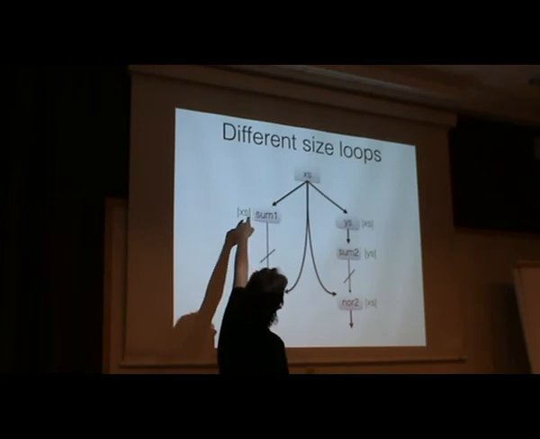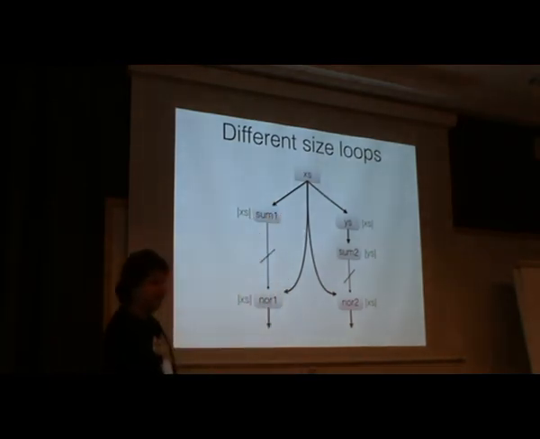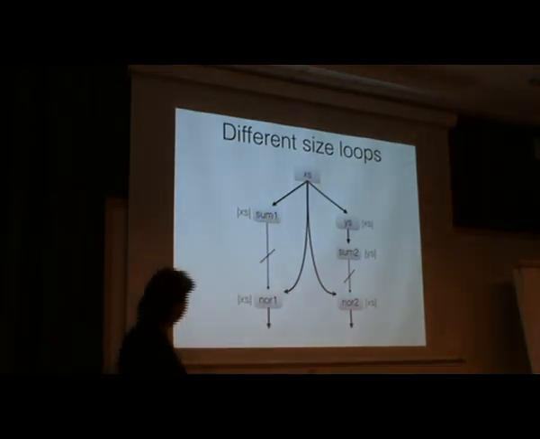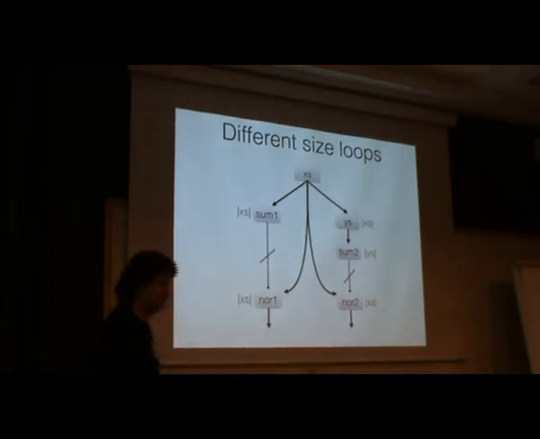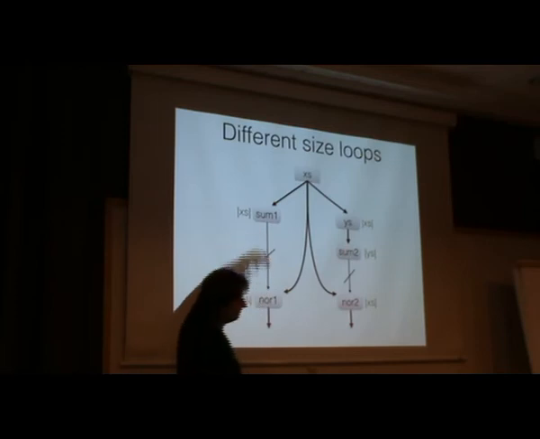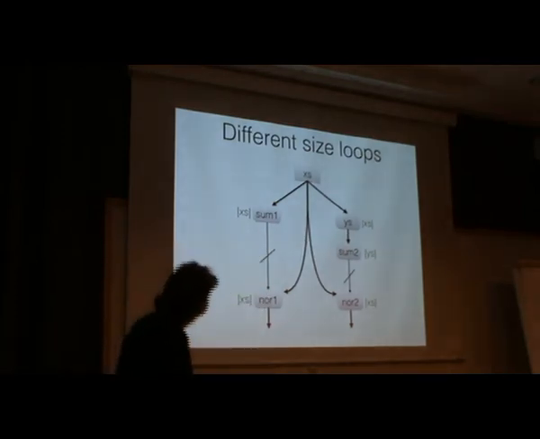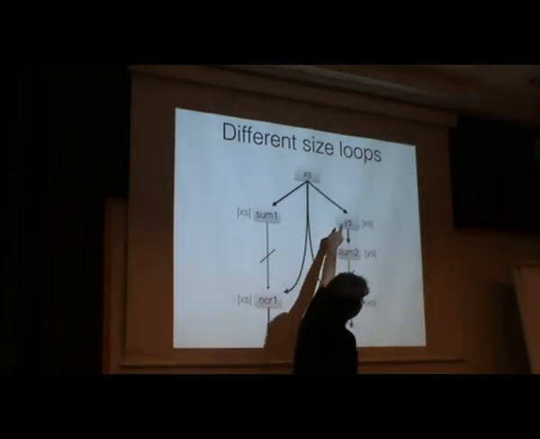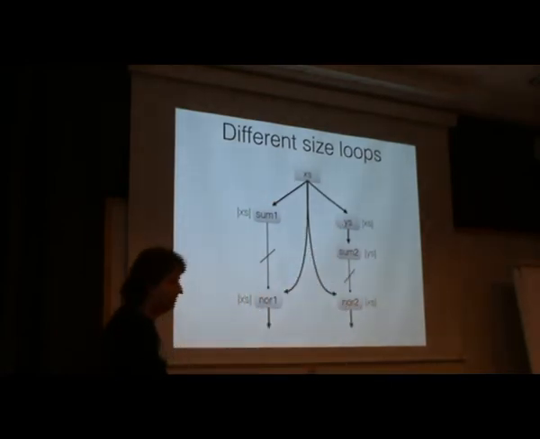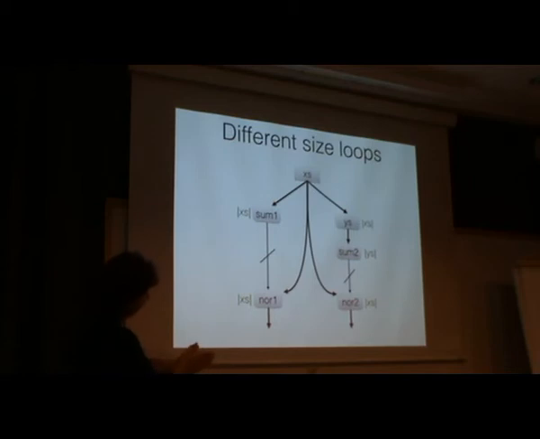So sum1 is a fold over x's, so it's going to loop over all of x's. Nor1 is a map over x's, so it's going to loop over all of x's. So the loops for these are all size of x's. Y's is interesting though, because it's a filter. So it's going to read through all of the x's input array, but its output is going to be potentially smaller than its input.